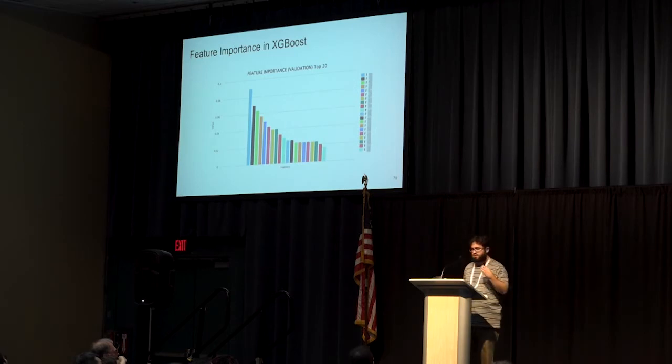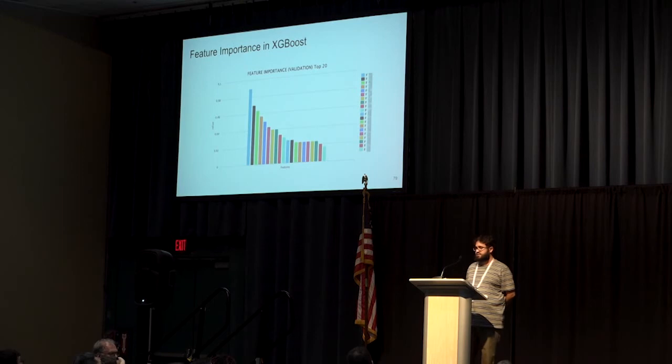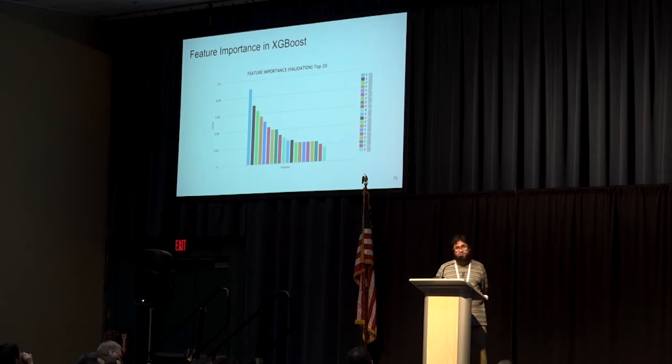And, as Varun, Ankur and Krishna talked about before the break, this is over the whole set of candidates that we ranked and how much each feature actually contributed in a global sense. Now, this is nice for improving models.